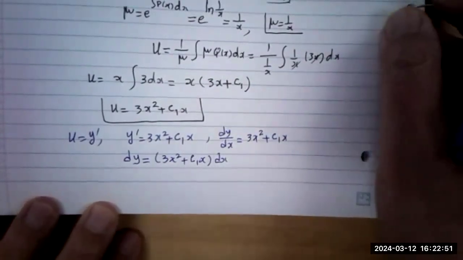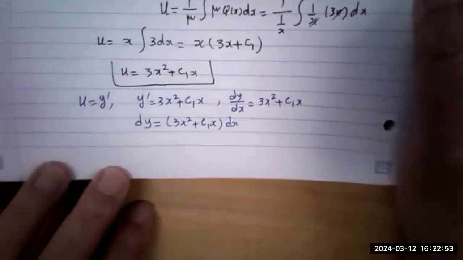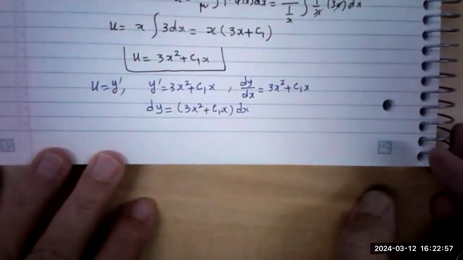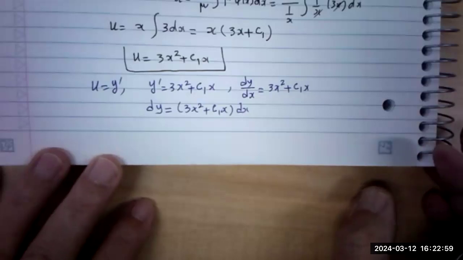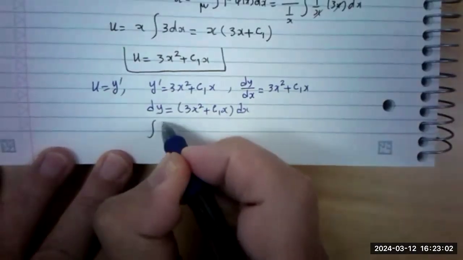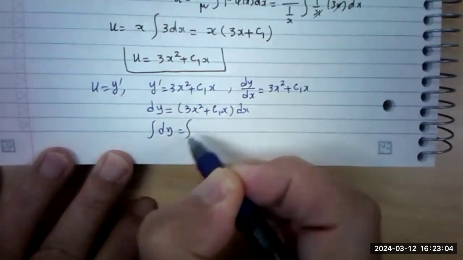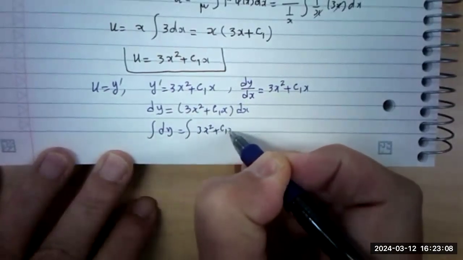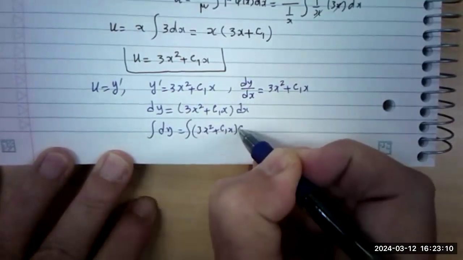And this is a separable variable equation, with y on one side and dx on the other side. Now we integrate with respect to x to find y. So it's going to be the integral of dy equal to the integral of 3x squared plus C1 x dx.